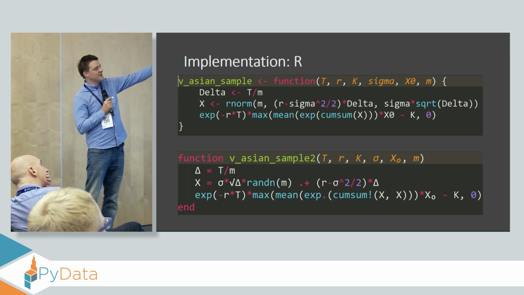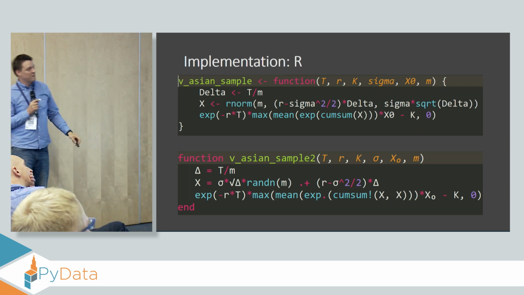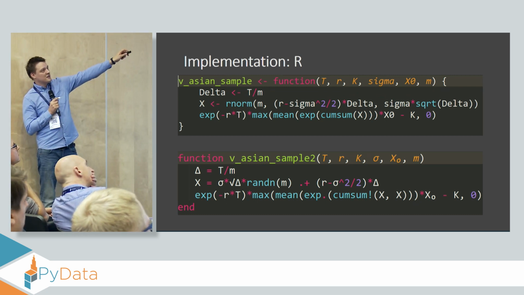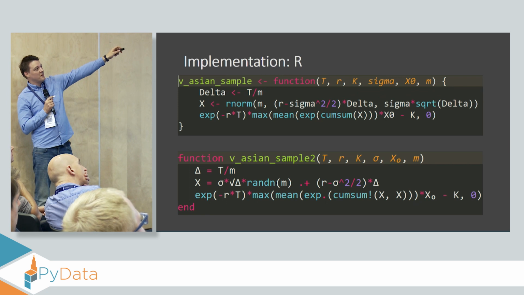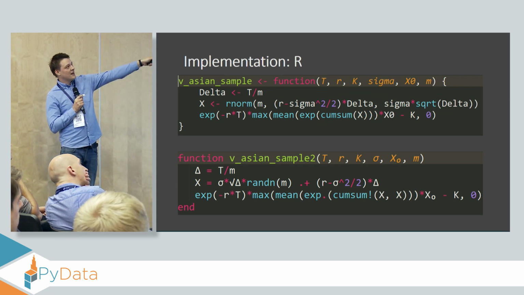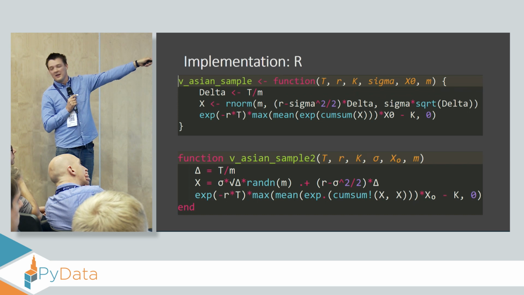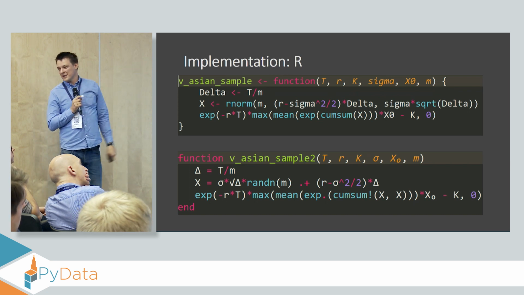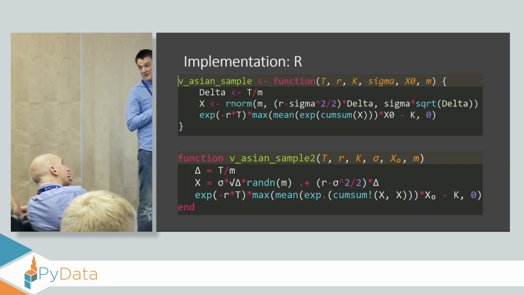So very similar syntax. I have only changed one thing. Here I calculate cumulative sum of x, and here I also do it, but I do it by updating vector x by the results of cumulative sum. So here R will create a new vector, and Julia updates the old vector. And I will show you how big a difference this makes.